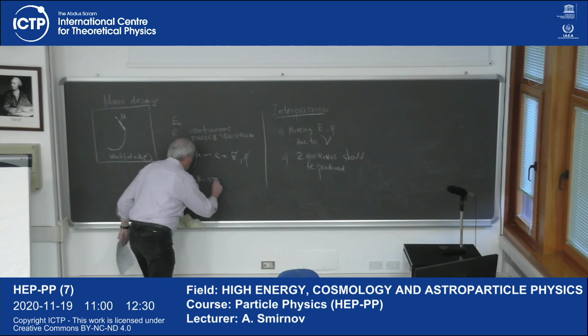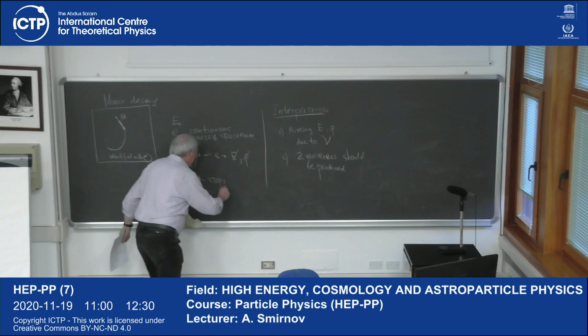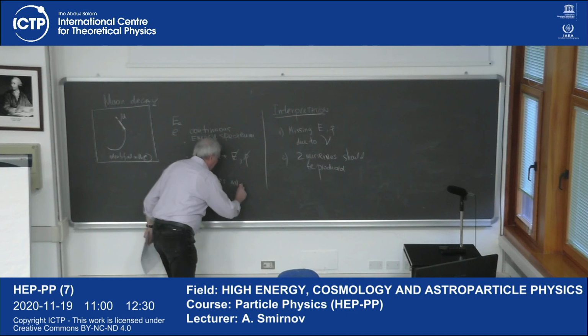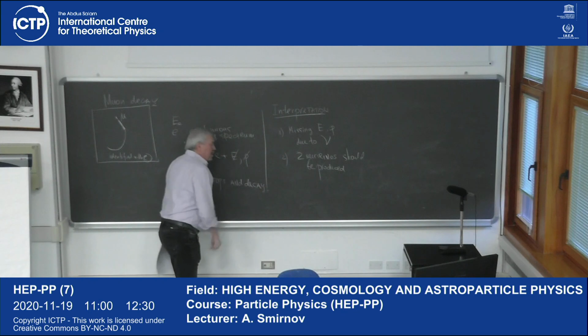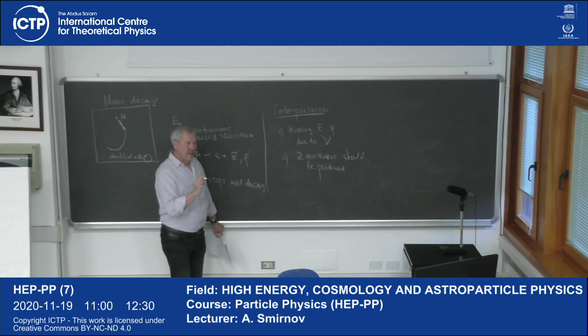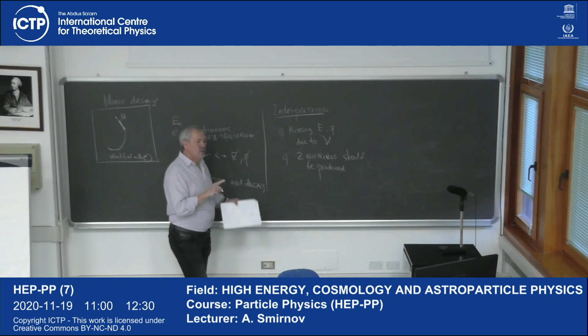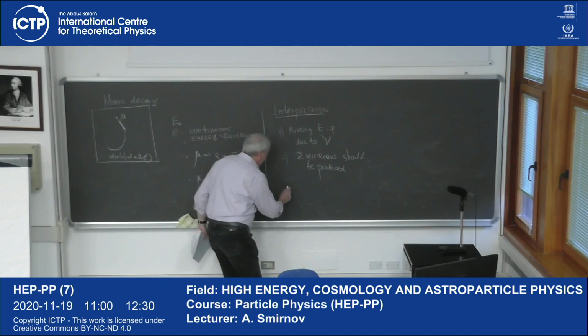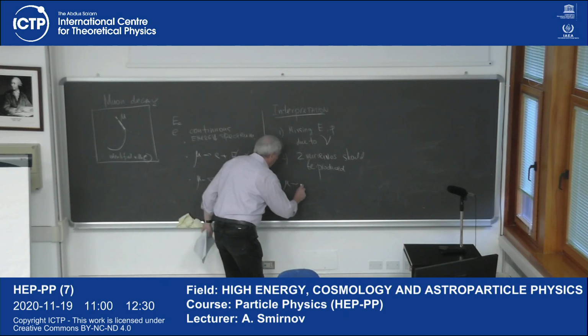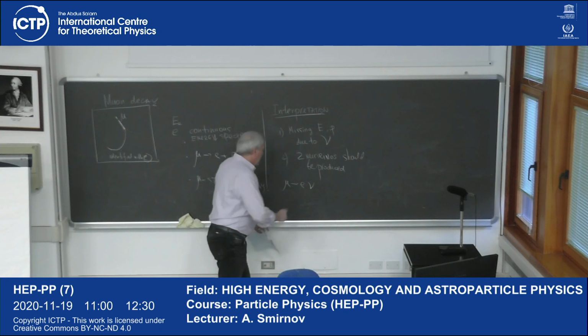The muon stops and decays. So if the muon stops and it has a two body decay, so if the muon decays into an electron and a neutrino like this, these particles are very light.